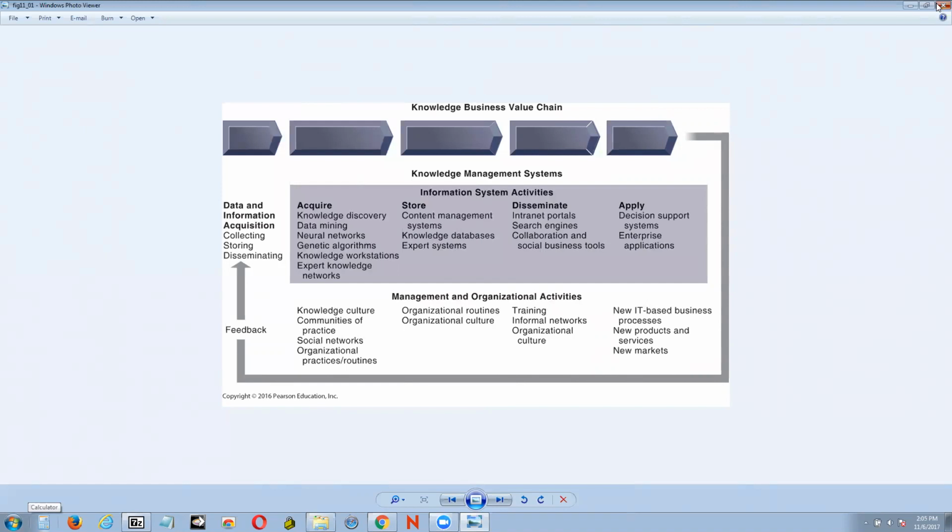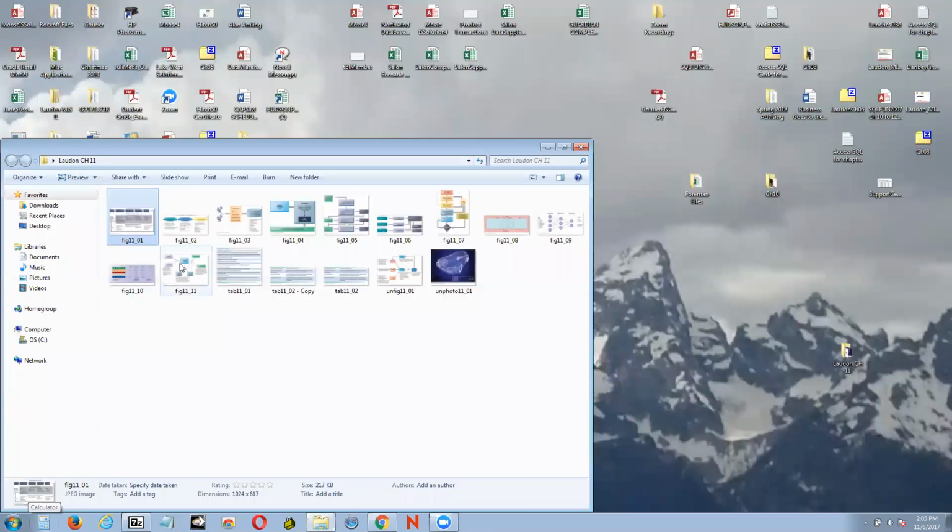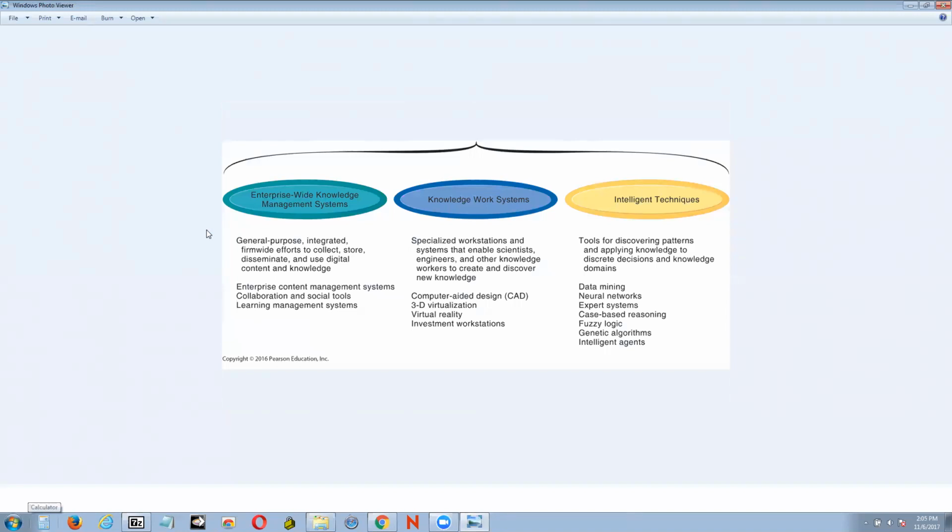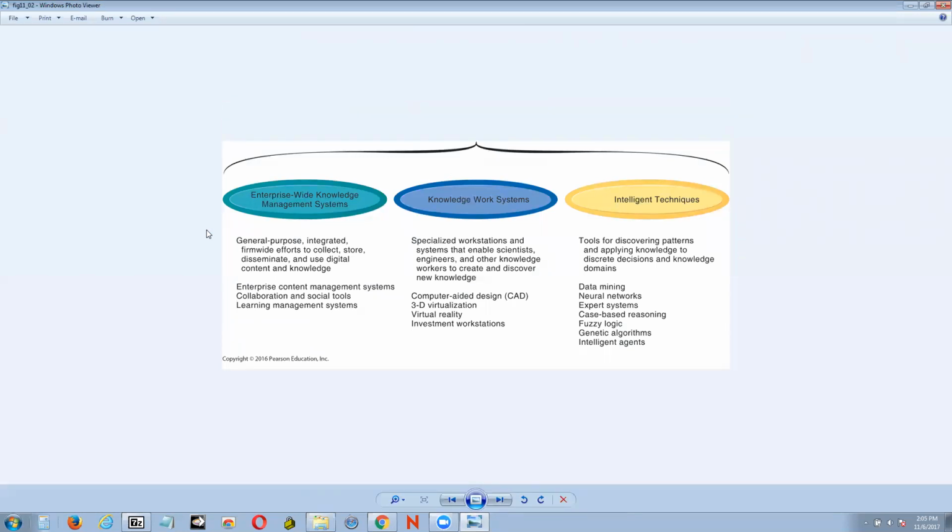Now, that second figure, I'll just kind of go through them because I feel like they're pretty decent. Here the authors walk us through three different kinds of pieces of this: enterprise-wide knowledge management systems, then knowledge work systems, and then intelligent techniques.